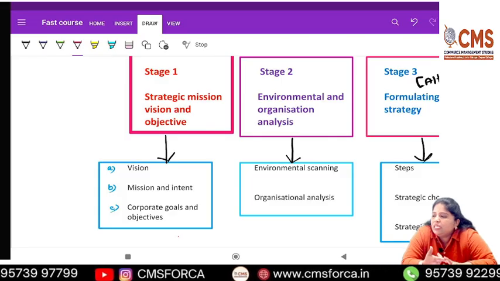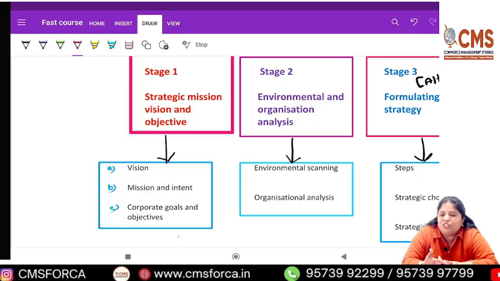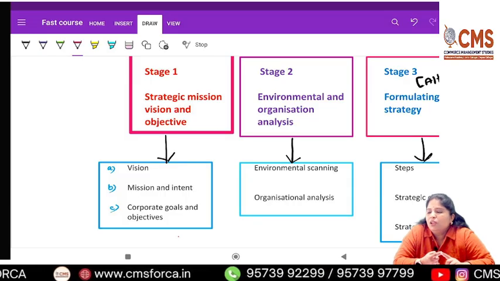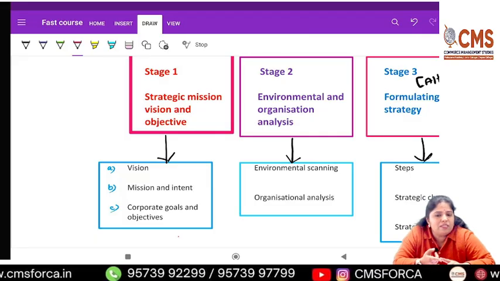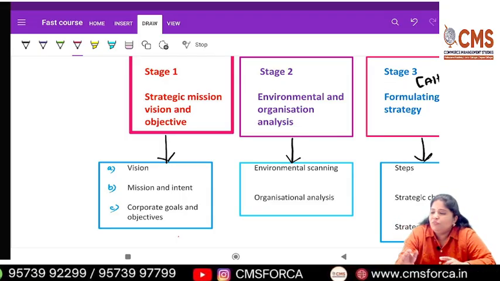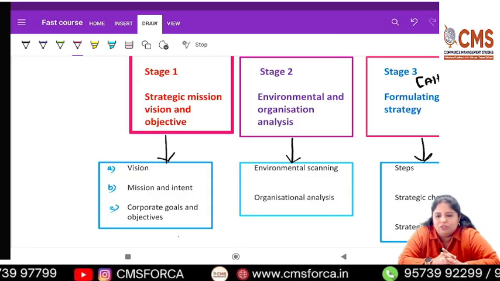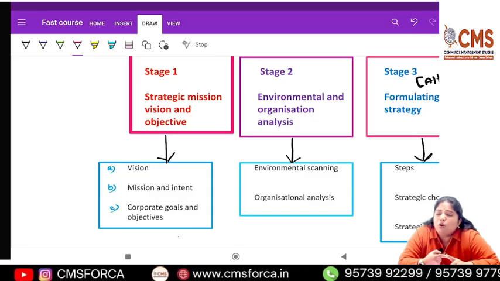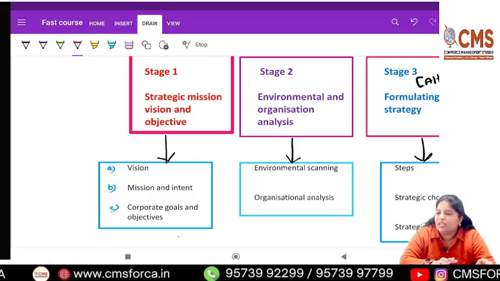Shall we quickly start revising vision? Vision is crafted and developed by whom? Top level managers. And every subsystem of the organization must follow the vision. We wrote all these points yesterday, just quickly take a recap of it. And vision is always communicated to all levels in the organization.